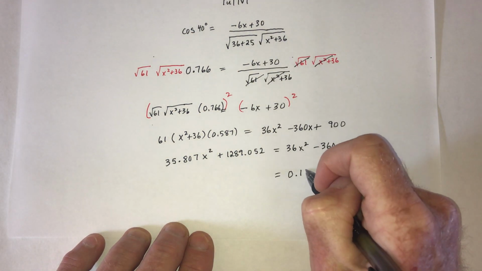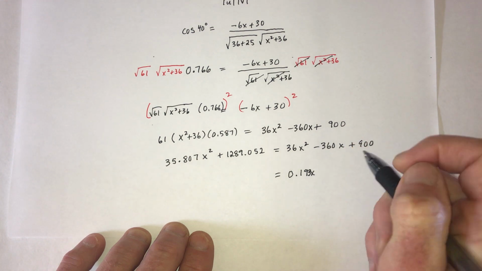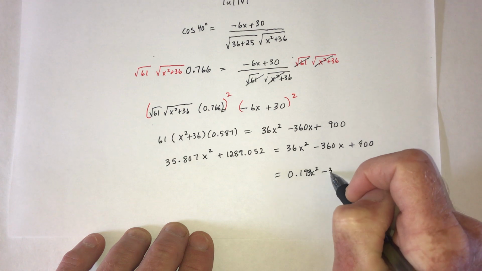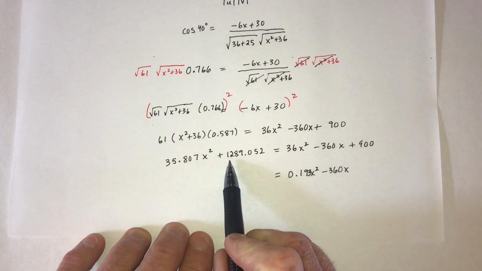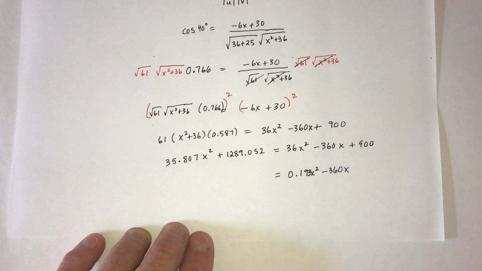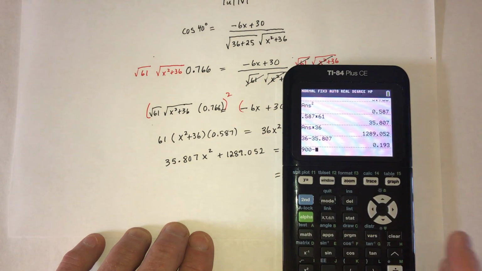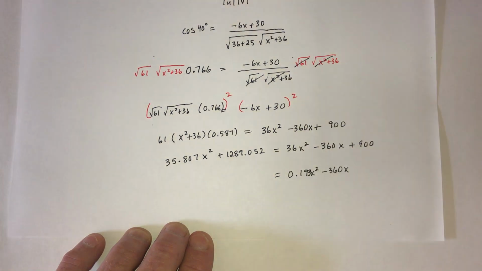So 0.193 x squared. And then minus 360x. And now I need to subtract this from both sides. So that's going to be 900 minus the 1289.052. Negative 389.052.